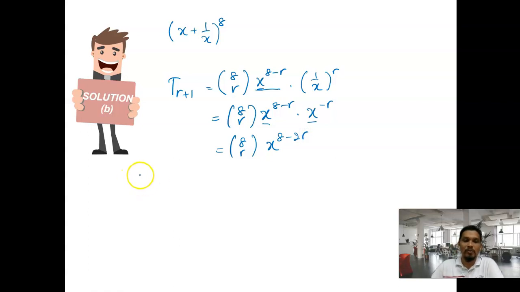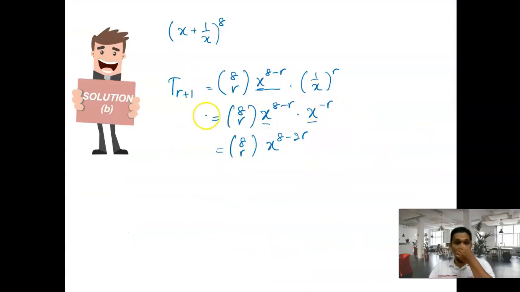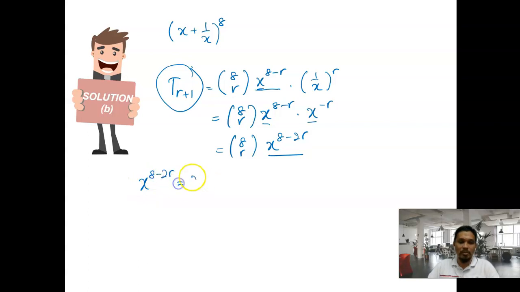So the question wants us to determine the term which is independent of x, which term. Okay, meaning we're looking at this one. So now we compare x to the power of 8 minus 2r equal to x to the power of 0.